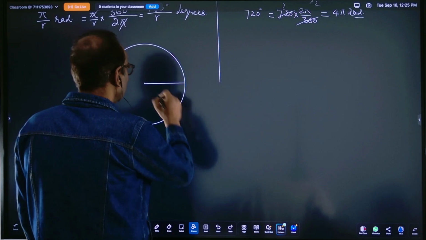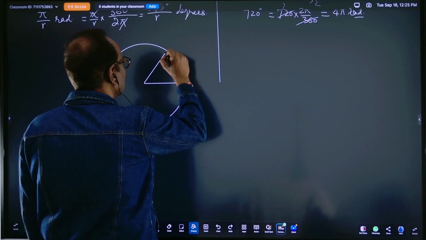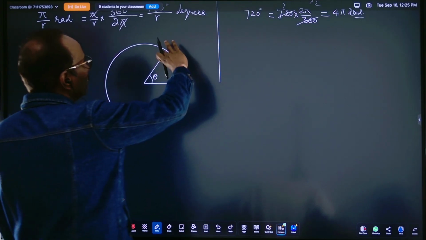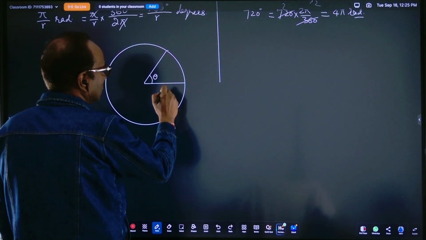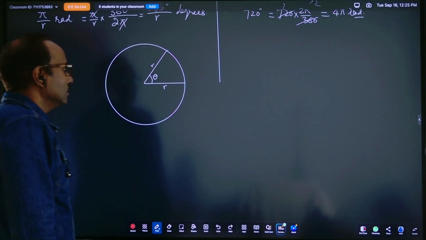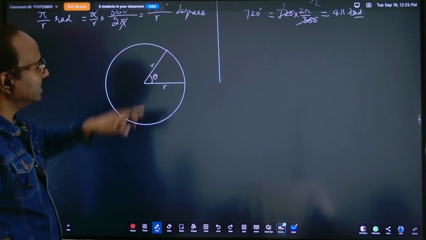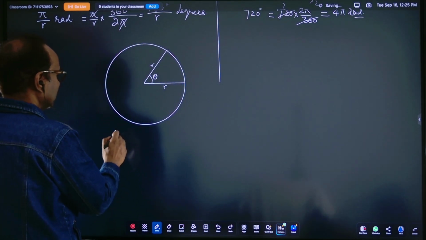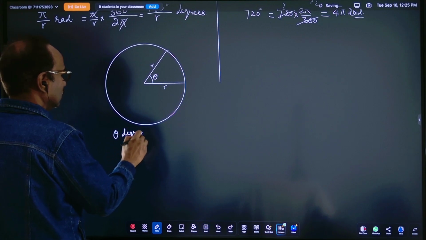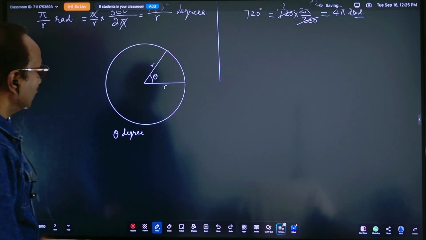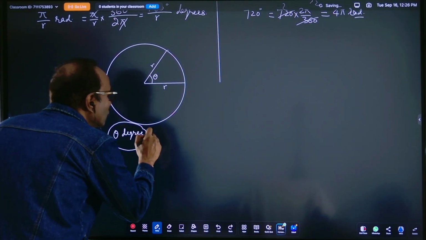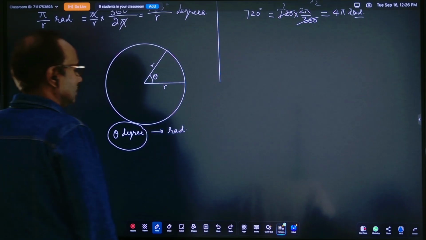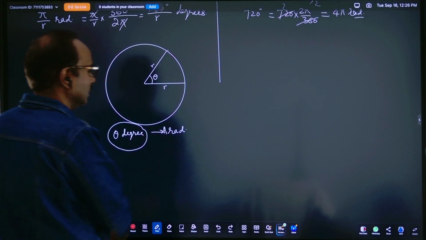The definition of radian says, let us say this is theta. If you want to know the arc length and your angle is known, suppose it is given in degree, theta degree, then convert this to radian first, the equivalent radian, let us say theta 1 radian.